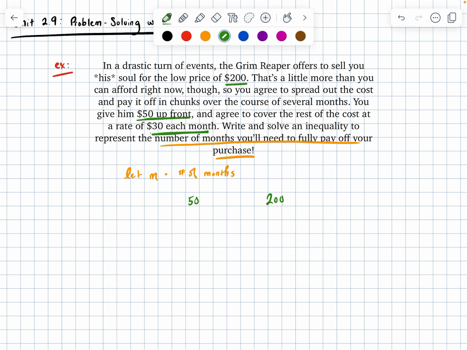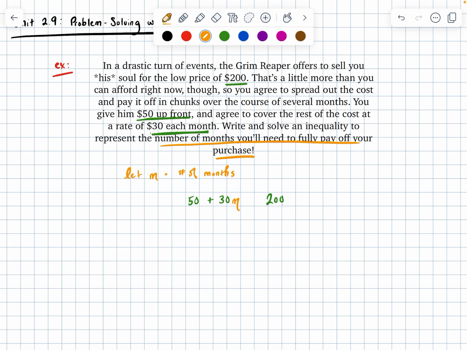If I take the amount I pay in 1 month, and I multiply that by the number of months that I'm paying for, that should give me the total amount that I pay per month. So I'm going to take my $30 per month, my monthly rate. If I multiply that by the m number of months that I'm paying off my debt, that should give me the amount of money I pay in total.